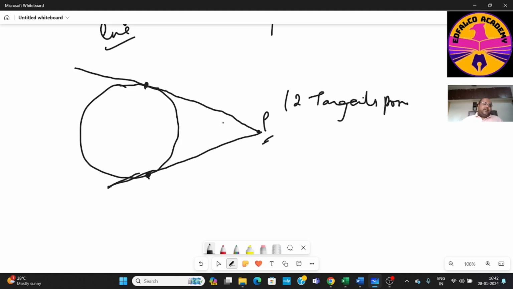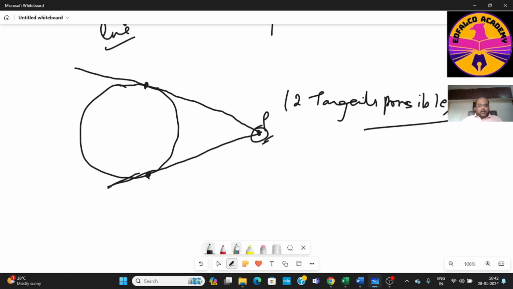Later we will learn that these two tangents will have the same length, whatever the theorem associated with that. But at this point, what we are trying to find out is that two tangents are possible if we are taking the point which is outside the circle, right?